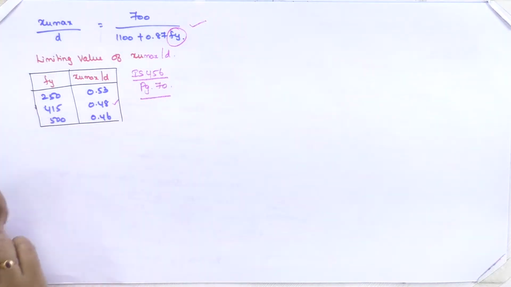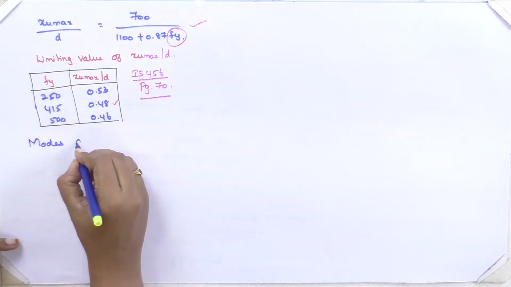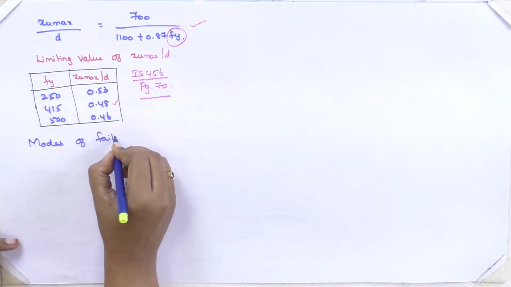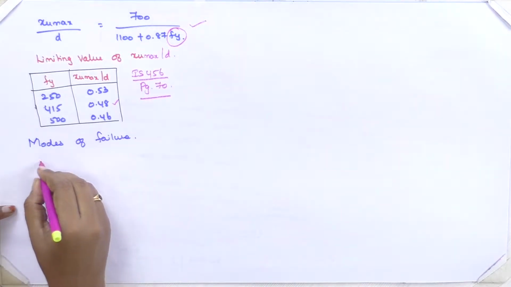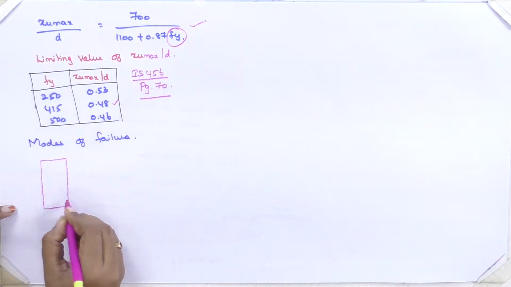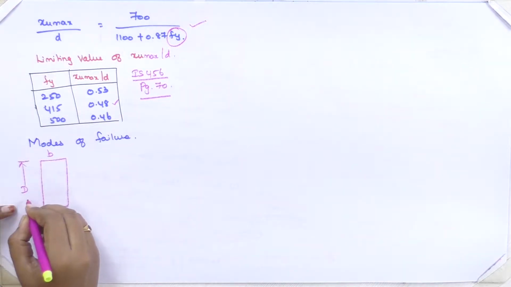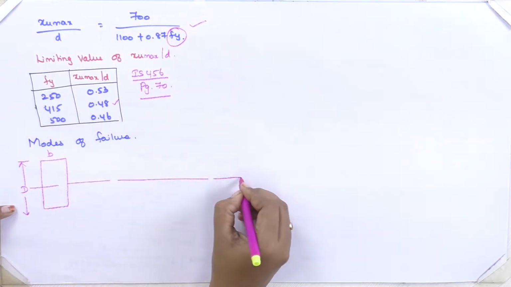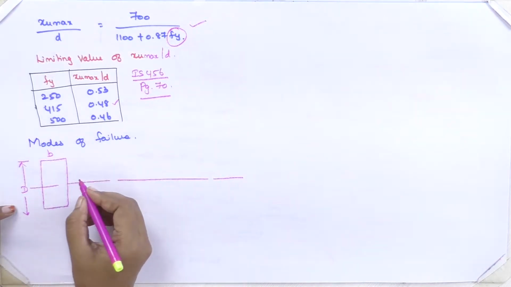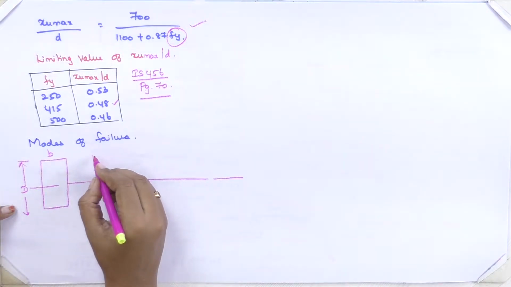Now we are going to see about modes of failure. I am drawing a beam of breadth B. This is my depth D. I am drawing the neutral axis, for my balanced section. The strain.